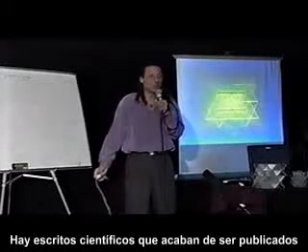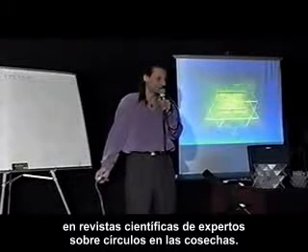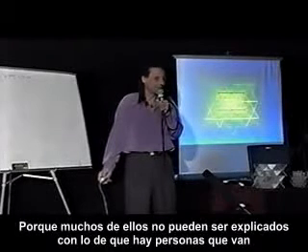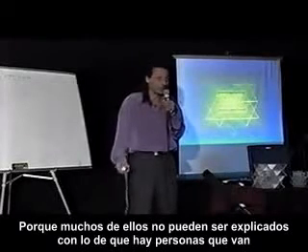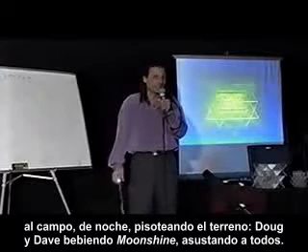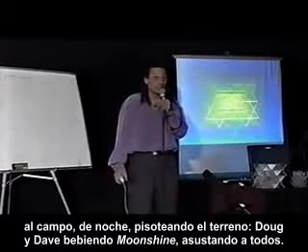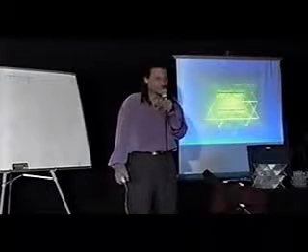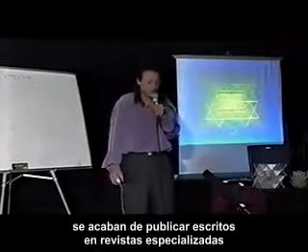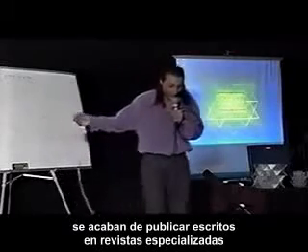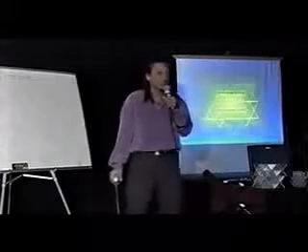There are scientific papers that were just published in peer-reviewed journals about crop circles, because many of them are not able to be explained by people going in the fields at night and stomping around, Doug and Dave drinking moonshine and freaking everybody out. Some of them are not easily explained, and actually papers have just been published in peer-reviewed journals saying that this might be a new source of energy.